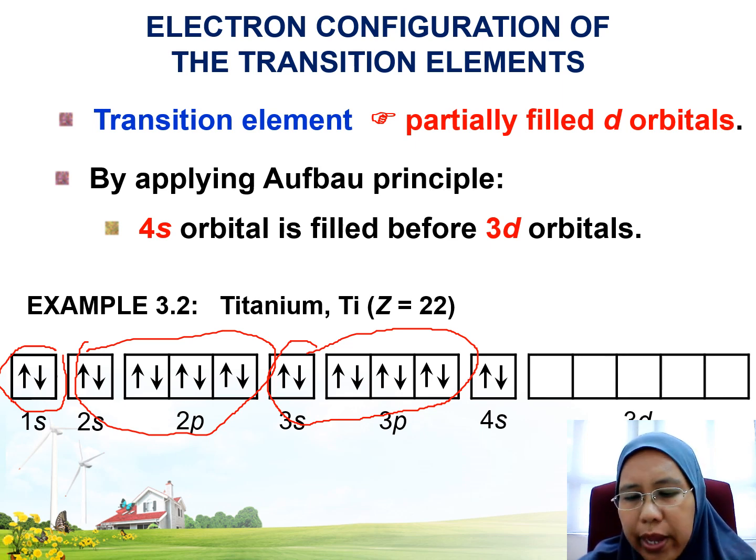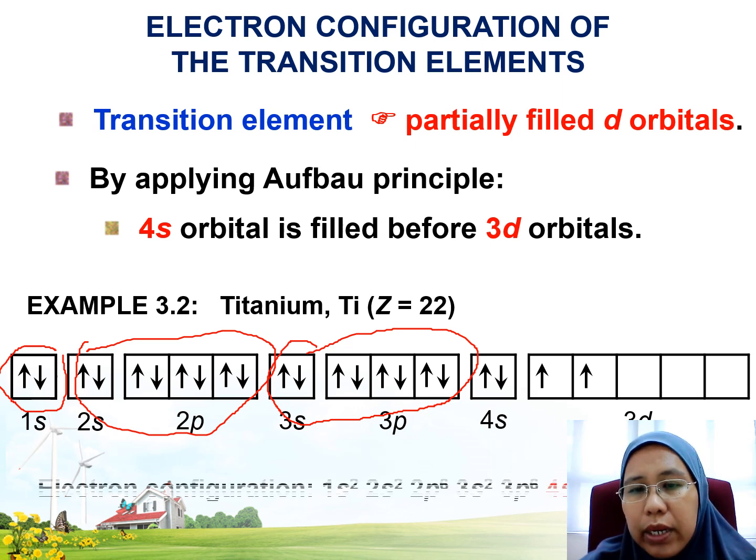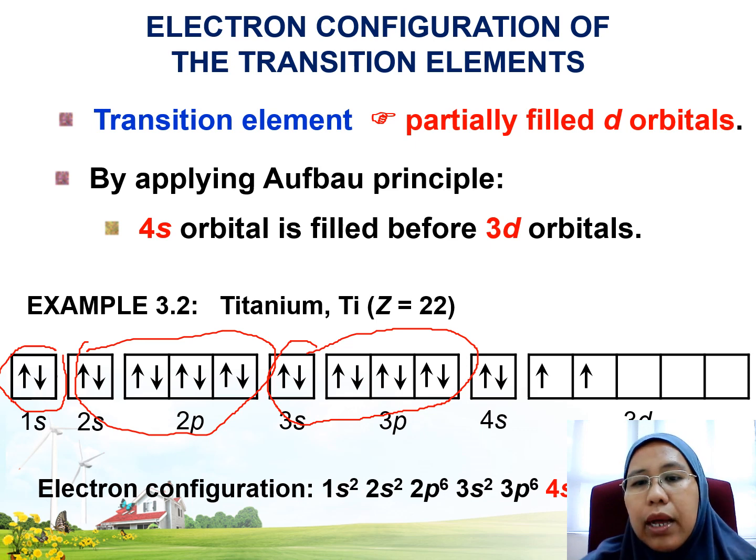So 4s would make it 20, and we have another 2 that would occupy the 3d orbitals. So how are we going to put the 2? One, the arrow going upward, and another one on the second orbital, the arrow going upward also. So here you go, the electronic configuration of a transition element, titanium.